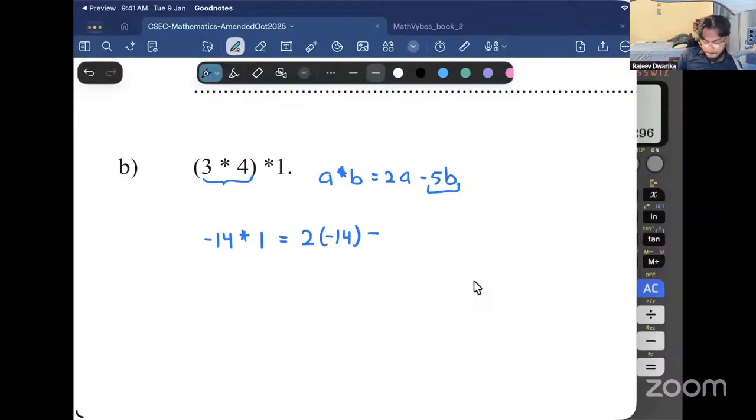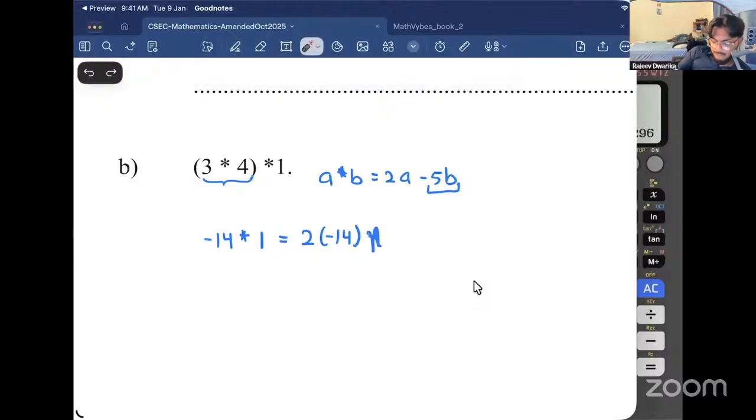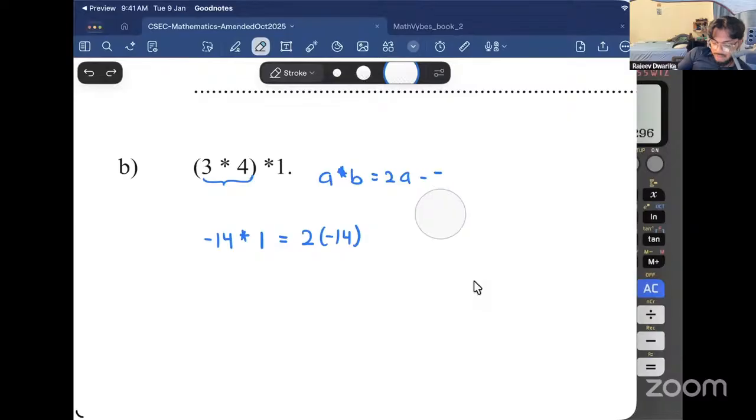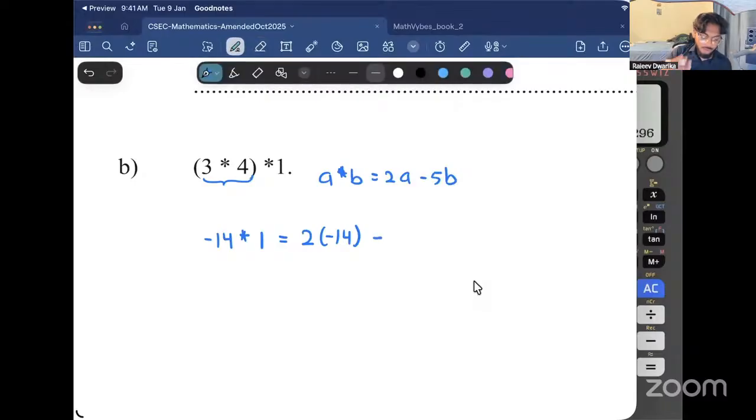So 1B? No. Here's the thing, right? What is B?